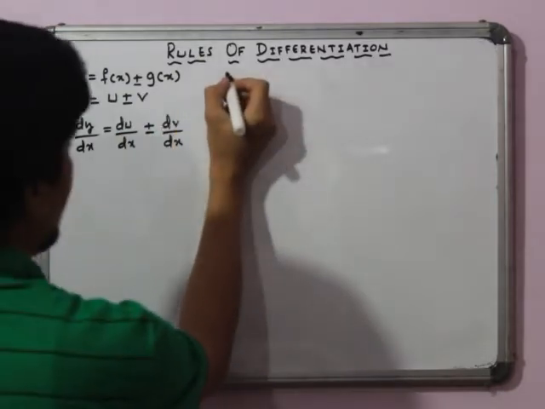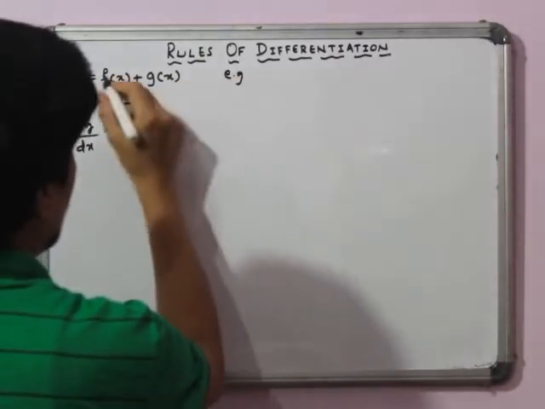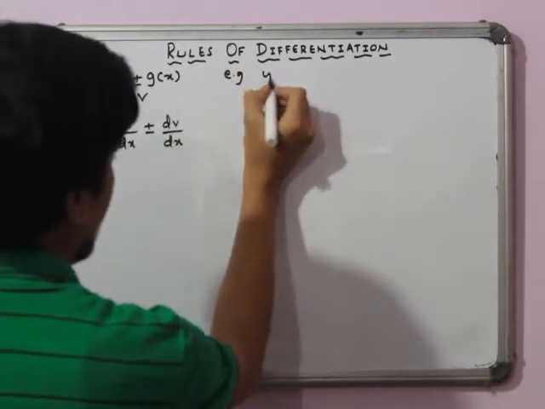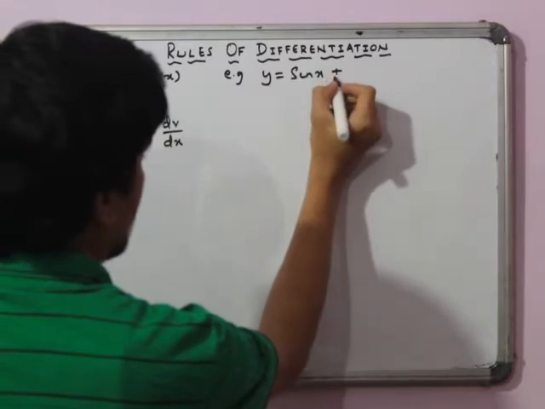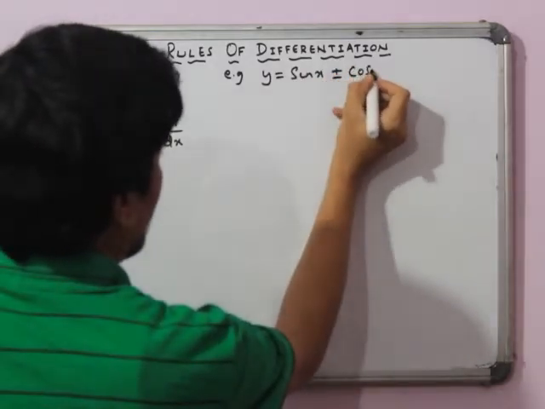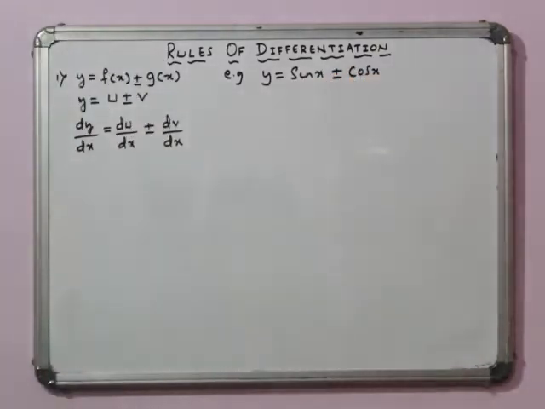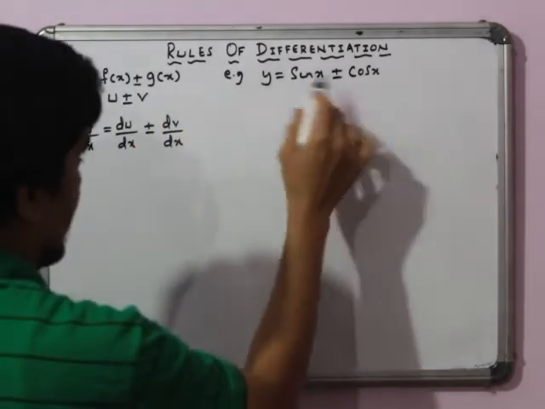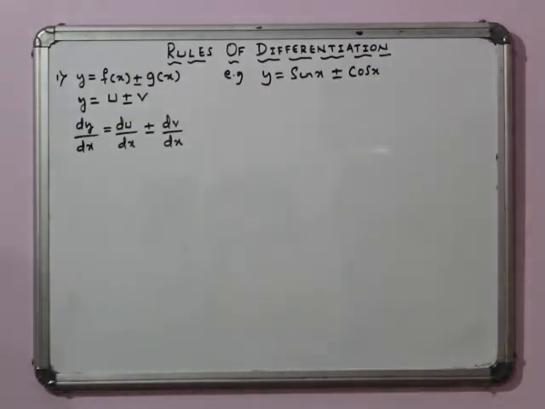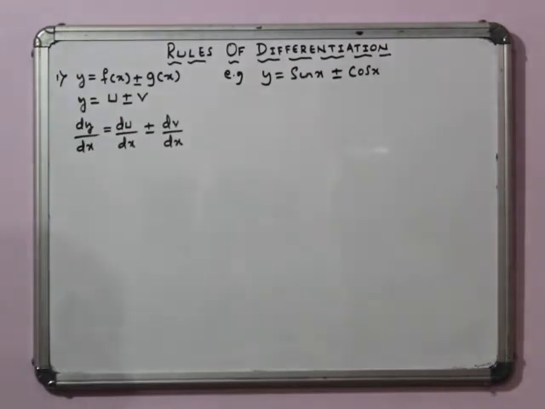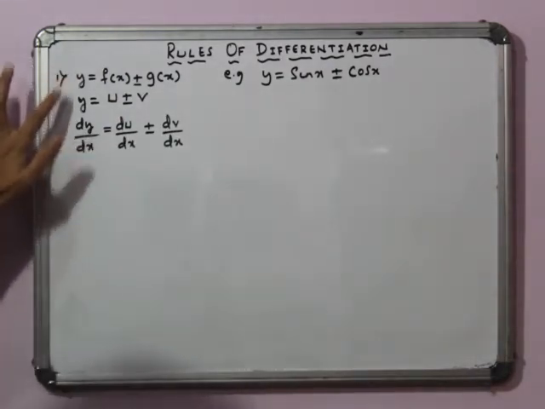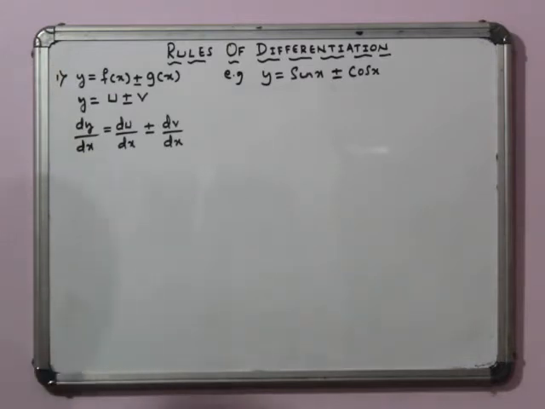For example, y is equal to sine of x plus or minus cos of x. I will tell how to find dy by dx in this case. We will take the same example when we solve some examples of rules of differentiation, and then we will continue further. Okay, so this is the first rule of differentiation.